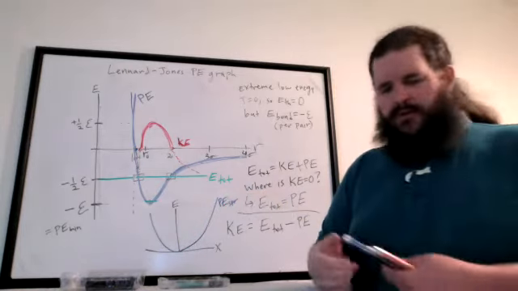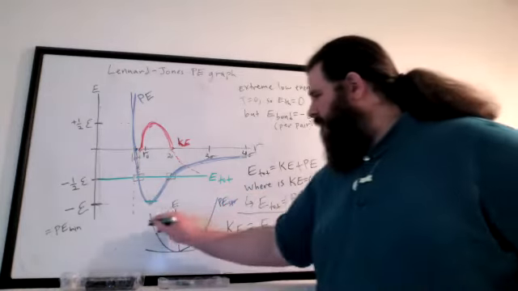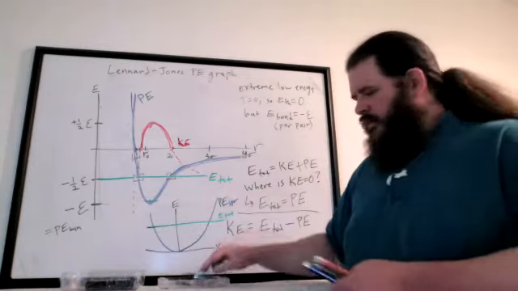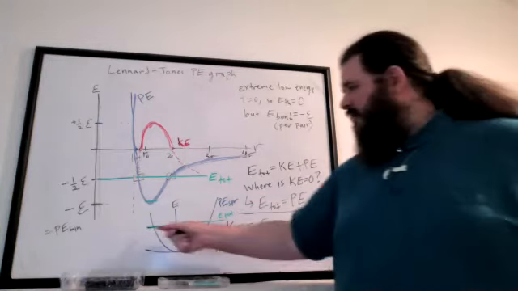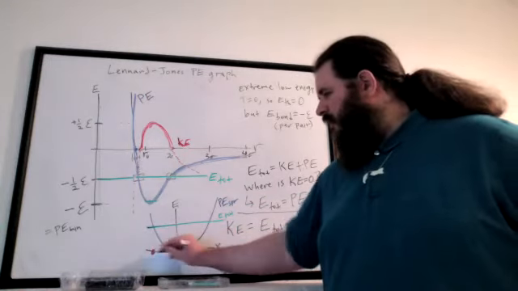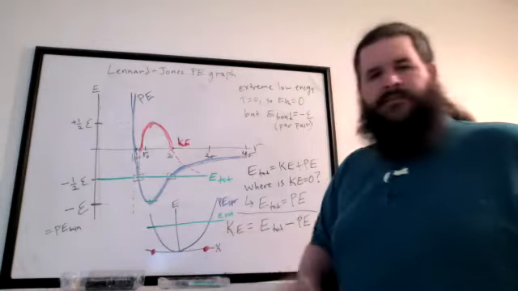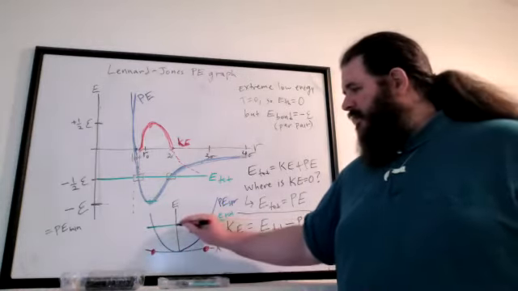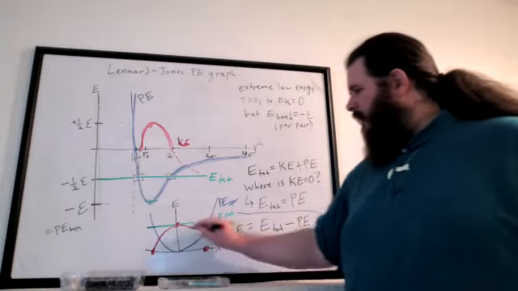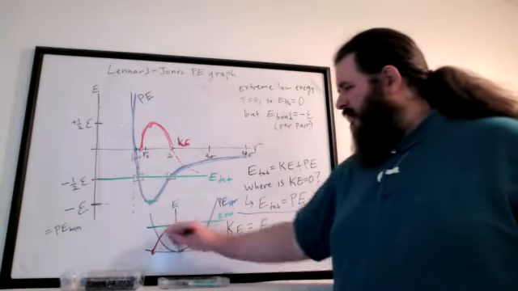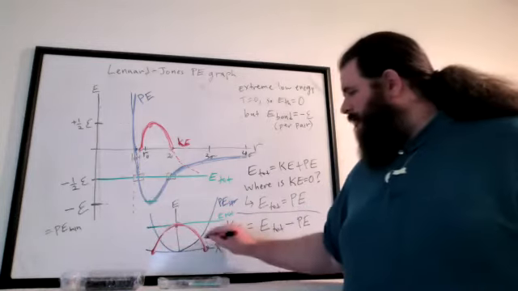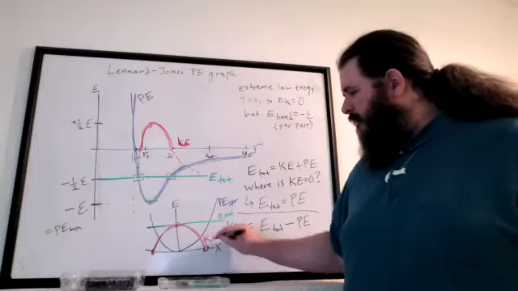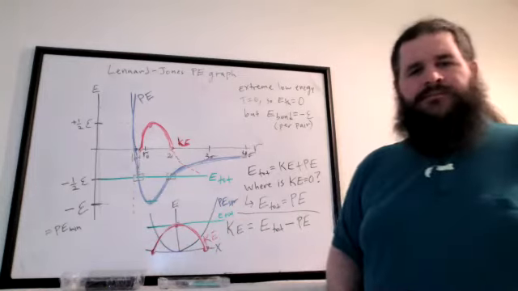If we try the same approach, we draw in an E total at some value. We look for locations where potential energy matches E total. At those locations, kinetic energy's got to be 0. We look for the minimum potential energy. That corresponds to maximum kinetic energy. And in between, we fill in the mirror image of that portion of the potential energy graph. So that would be the corresponding graph for object on a spring.